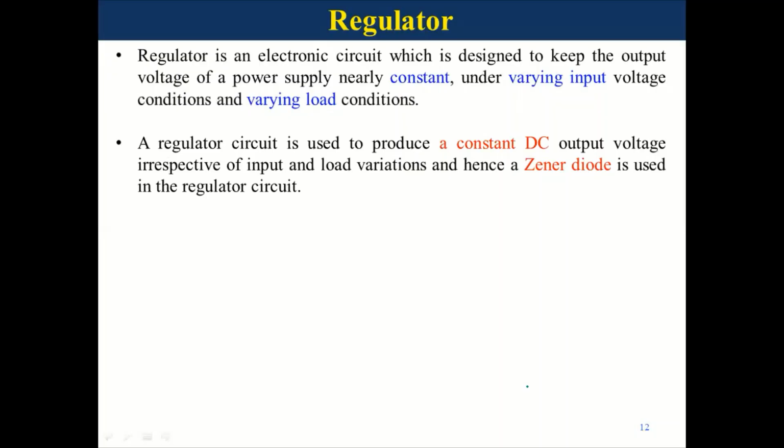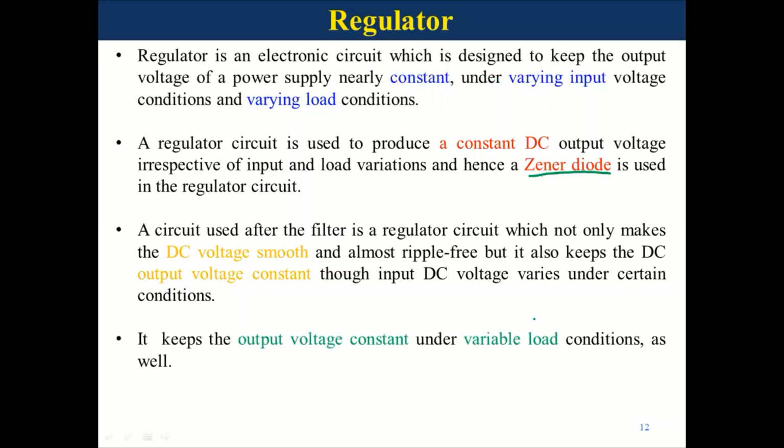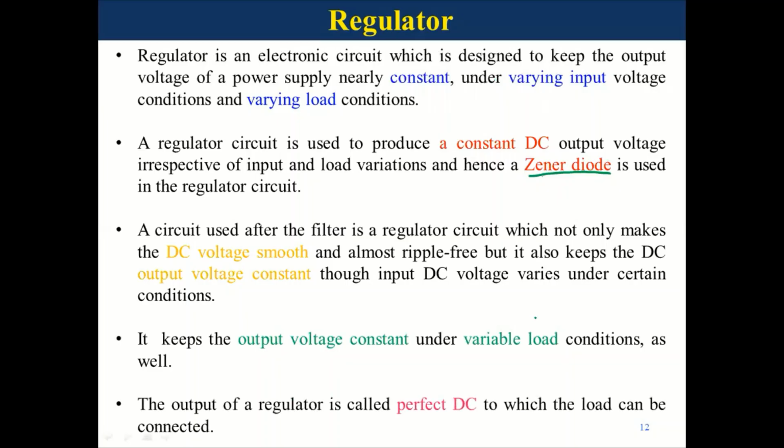So a Zener diode is used in the regulator circuit. This regulator circuit can produce constant output irrespective of both input and load variations. So the output is a perfect DC. Output voltage is constant with respect to time.